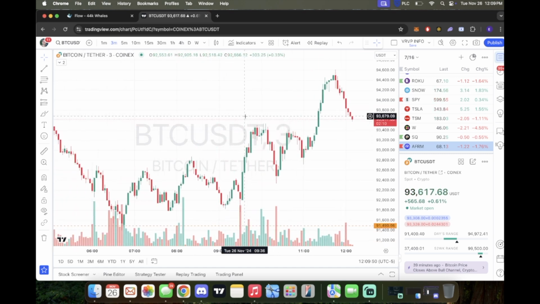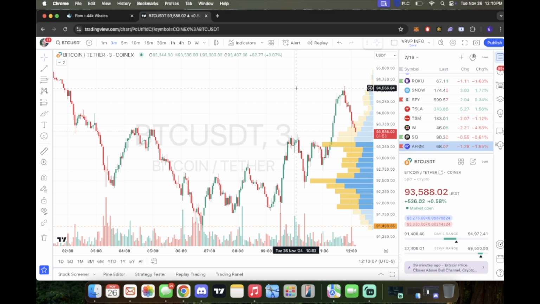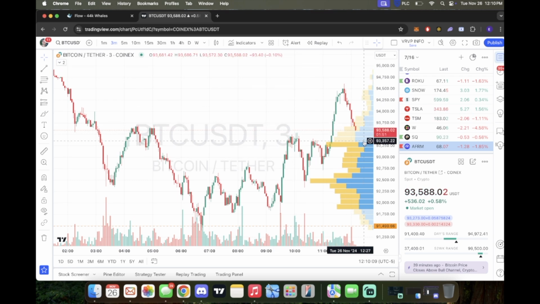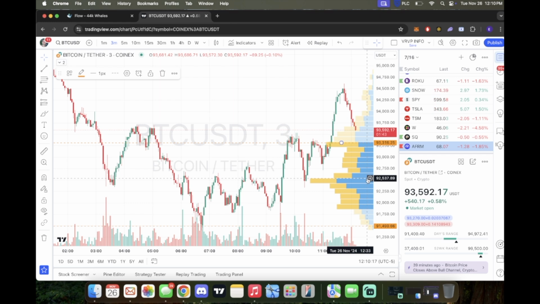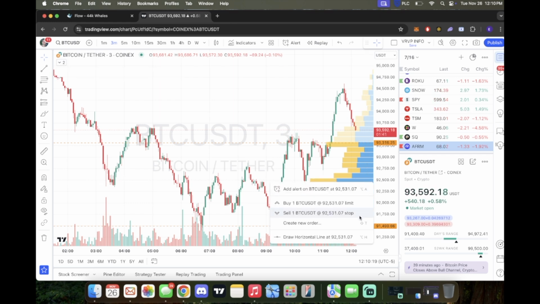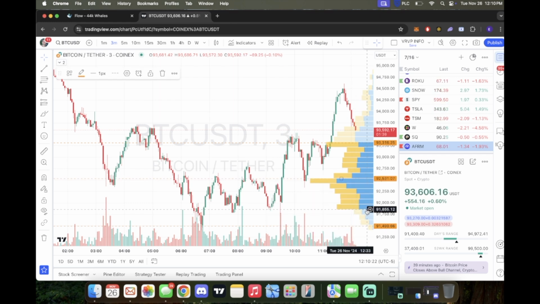So like we talked about, the further out you go, the more accurate these lines are going to be. You could draw these lines where these big buyers and sellers start right about here. You could draw them in again around here at 92.5. You could draw them where they drop off at 91.8.